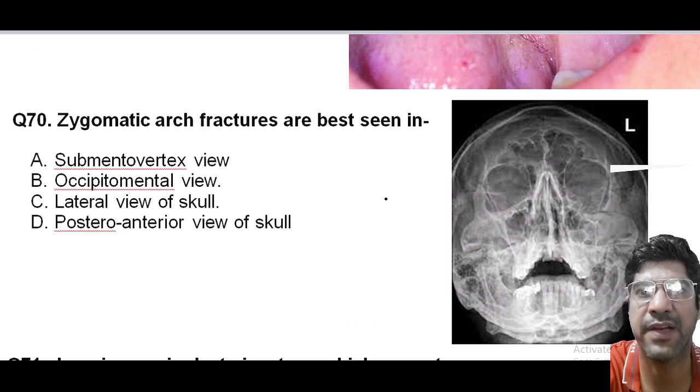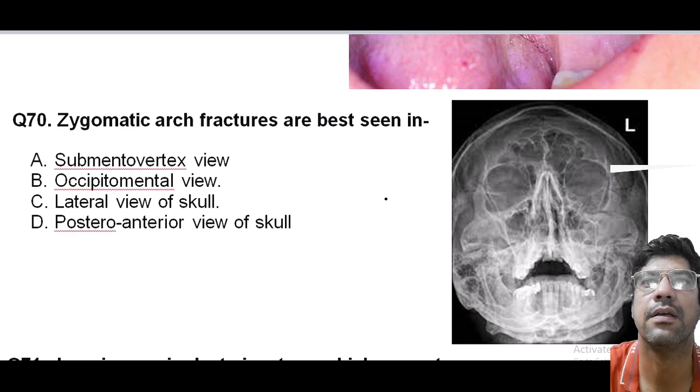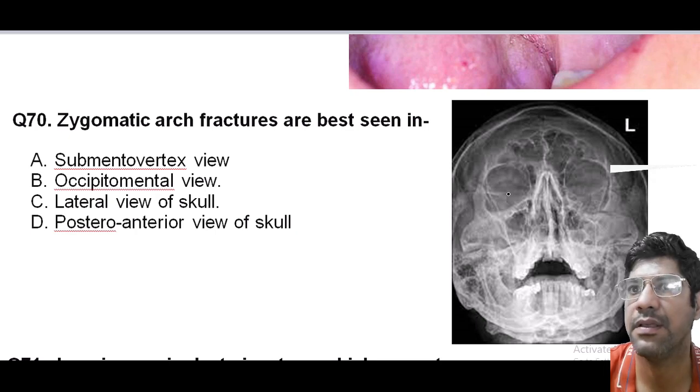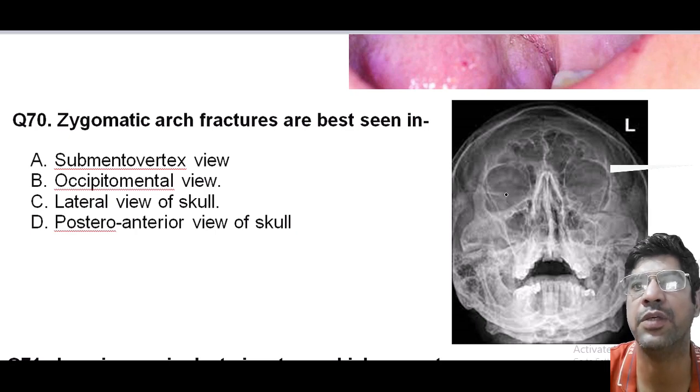Zygomatic arch fracture can be best seen in, so the zygomatic arch fractures are best seen in the submental vertex view.